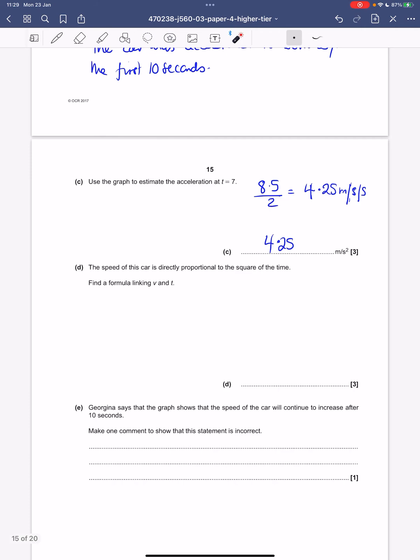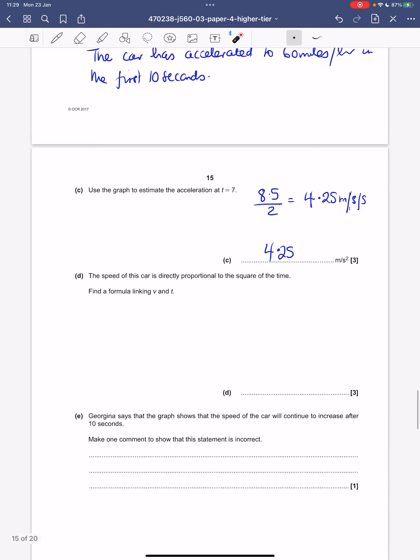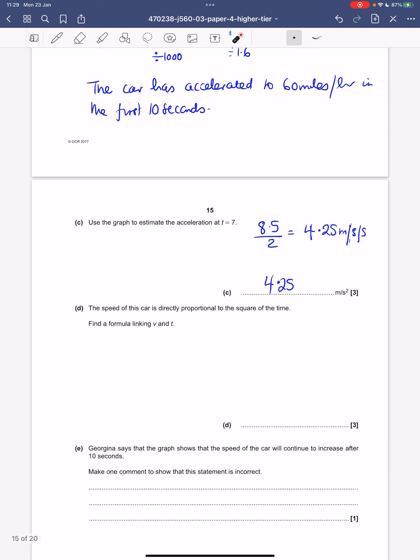The speed of this car is directly proportional to the square of the time. Find a formula linking v and t. So we can say the speed, v, is directly proportional, so that means it's a multiple of t squared.